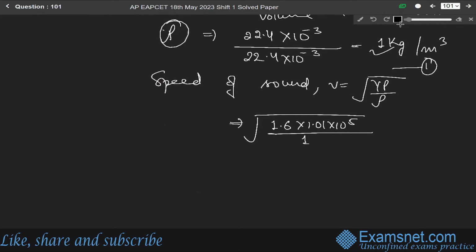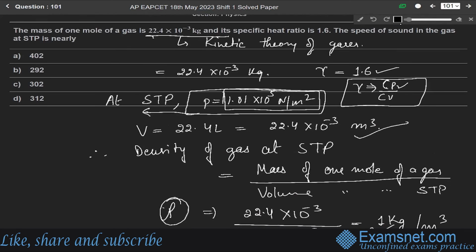So putting these values we get V is equal to 401.99, that is approximately equal to 402 meter per second. This is our final answer. So the correct answer is option A.